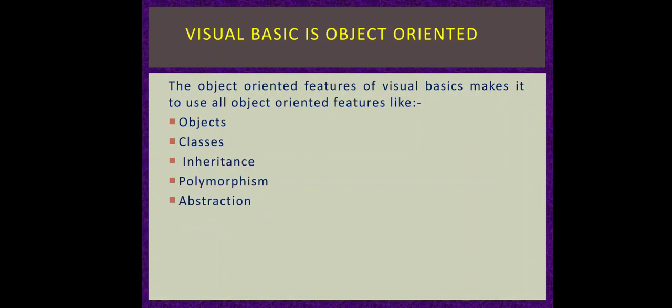All these features make Visual Basic an object-oriented programming language. All these concepts will be discussed in detail: what is an object, what is a class, what is inheritance, what is polymorphism, and what is abstraction.